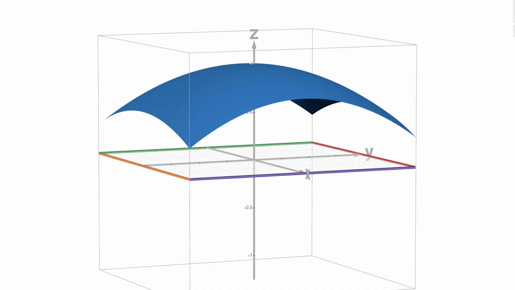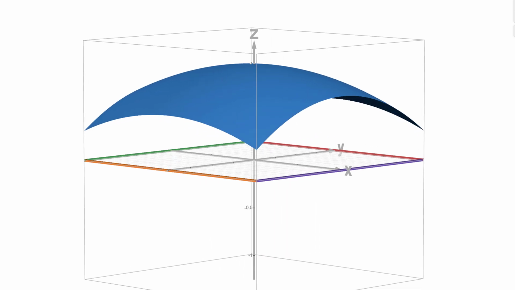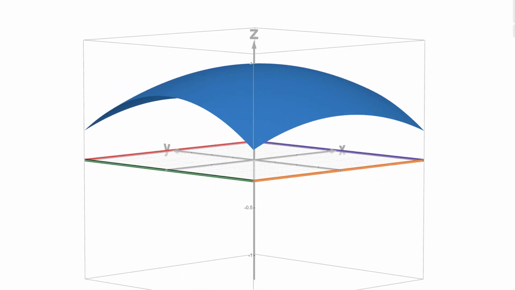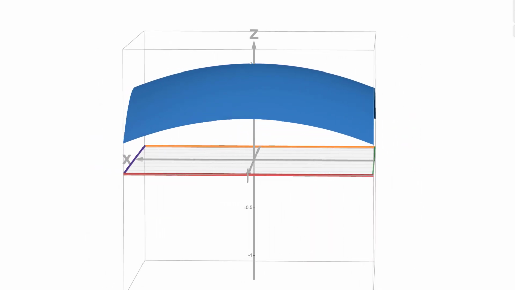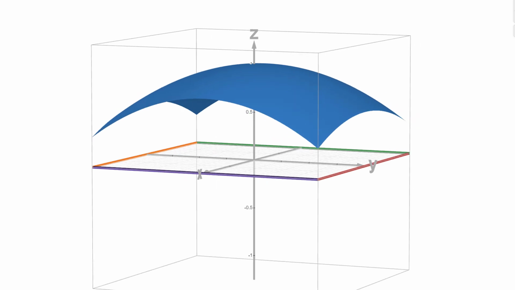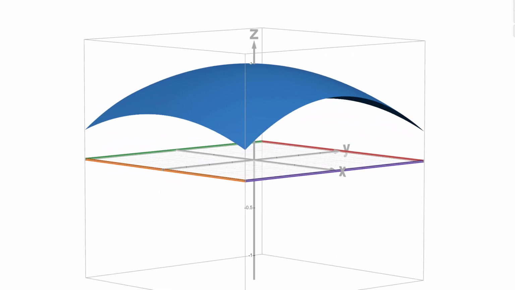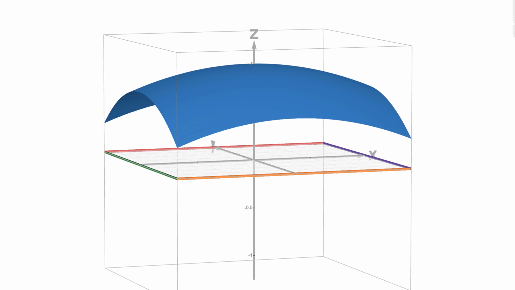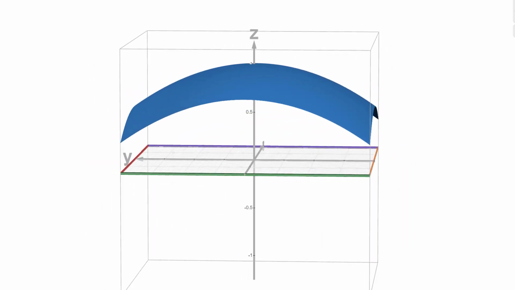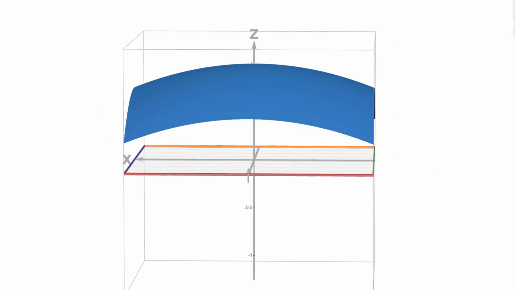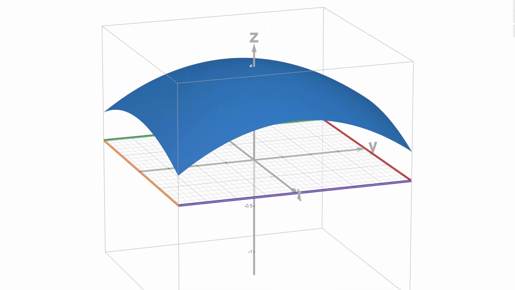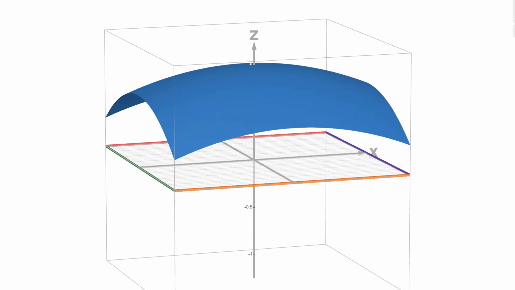Here you can see the graph of that elliptic paraboloid, and these lines that you can see here are the rectangular region, because this elliptic paraboloid extends over the xy plane and goes down forever. But here you can just see the part of the elliptic paraboloid that is above the xy plane and in the rectangular region.